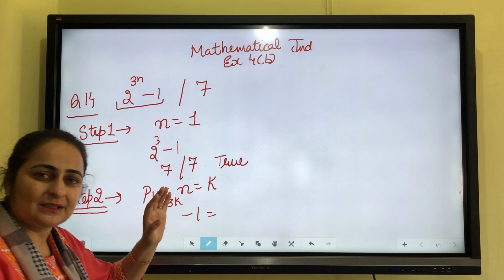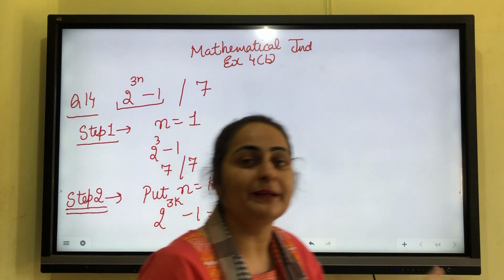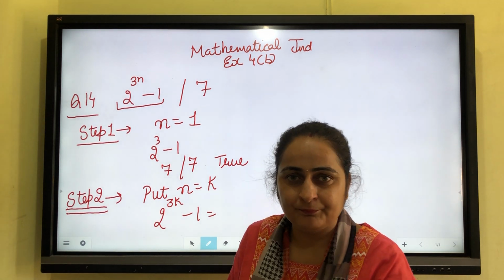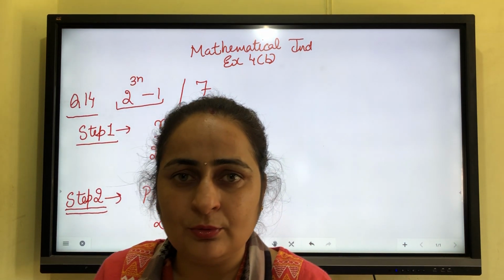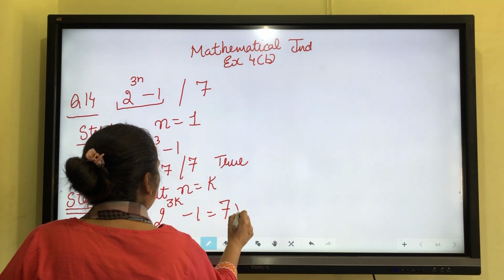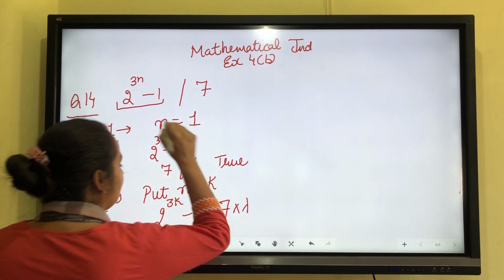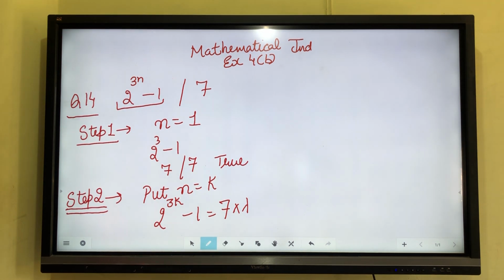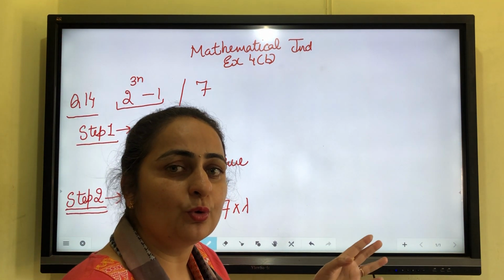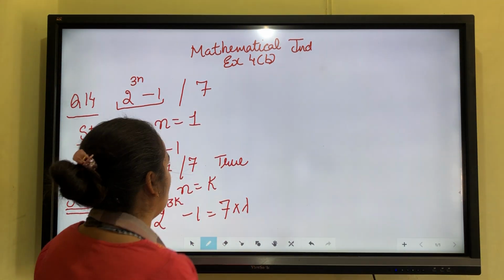Number divisible by 7 means this number comes out to be a multiple of 7. Multiple of 7 means 7 times 1, 7 times 2, 7 times 3. We don't know the multiple, therefore I am using the multiple lambda. Lambda is any constant, whether lambda is 1, 2, 3, 4, 5 and so on.